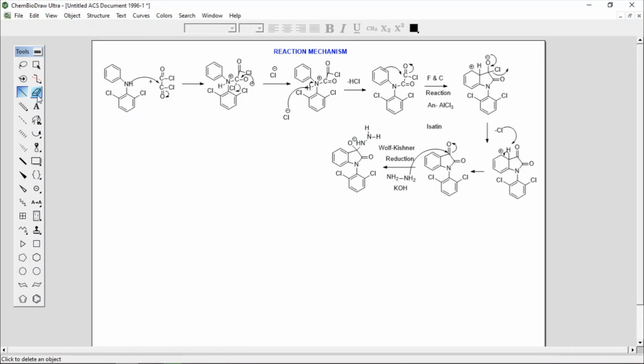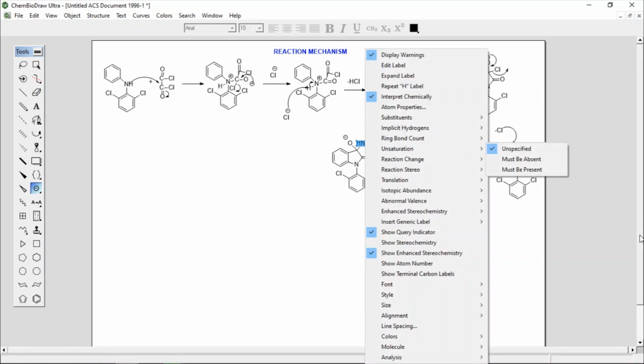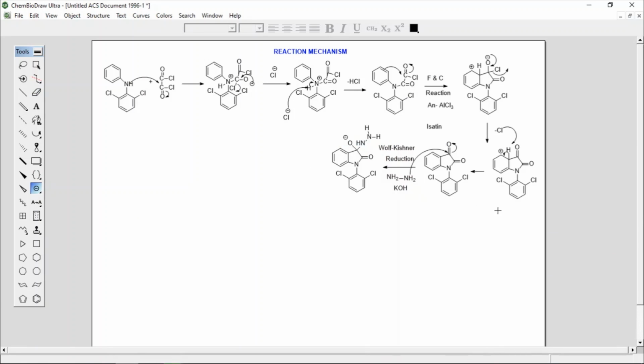So let's erase this, so the negative charge will be here. Now this nitrogen has two hydrogens, 1, 2.